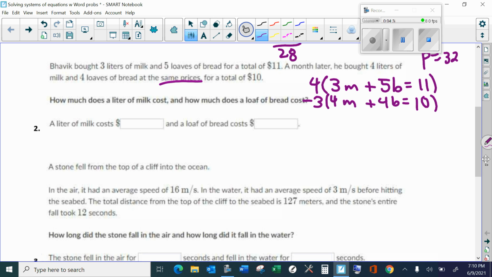And so I'm going to multiply that row by -3. So I get 12M minus 12M is 0, wipes out the M's. Then I have 20B minus 12B is 8B. And then I have 44 minus 30 is 14. Make sure you distribute all the way through.